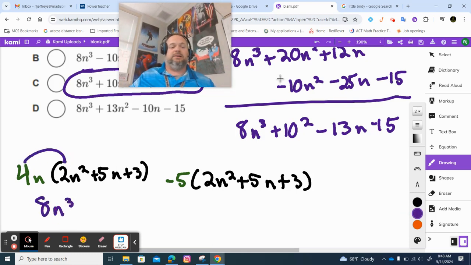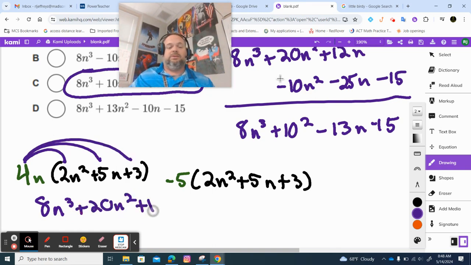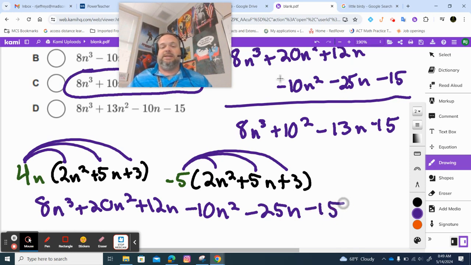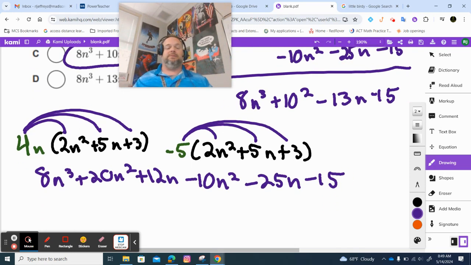8n to the third. 20n squared. 12n. 10n squared. 25n. Minus 15. I combine like terms.